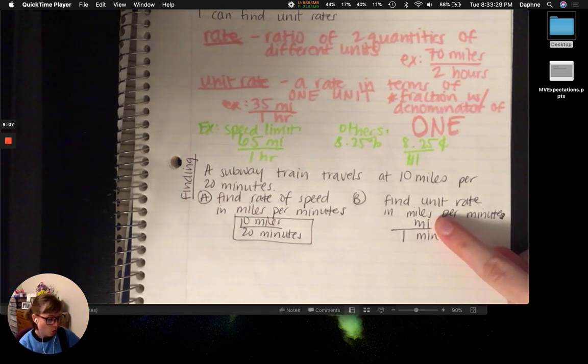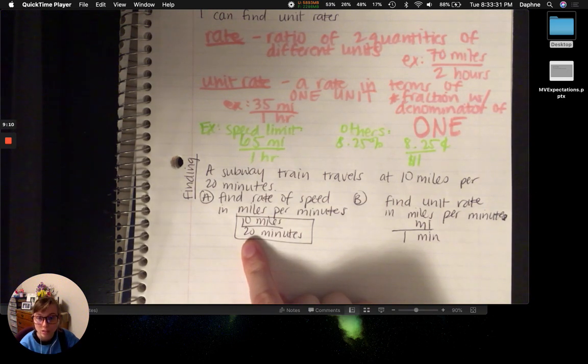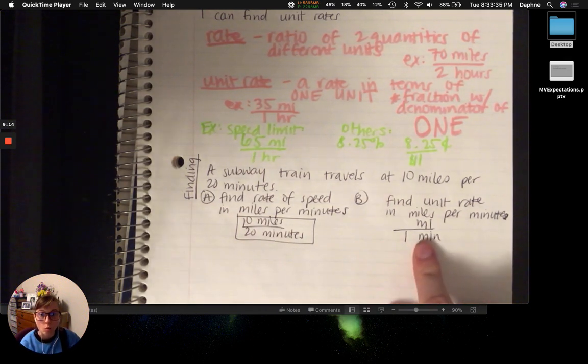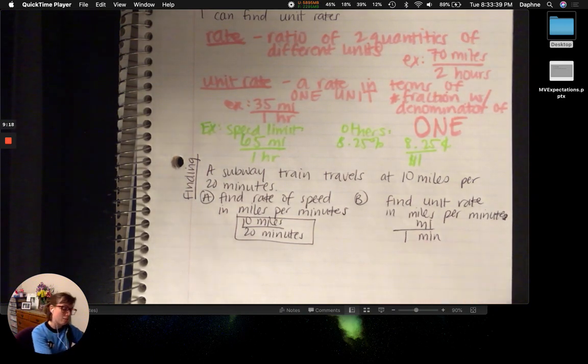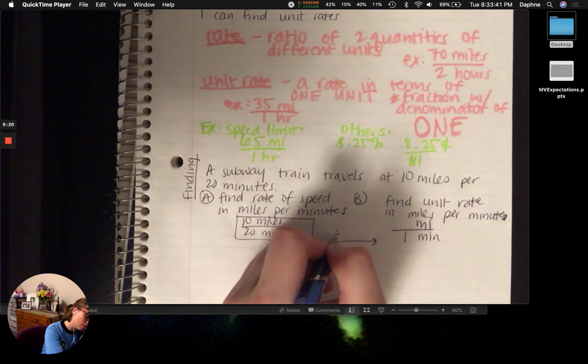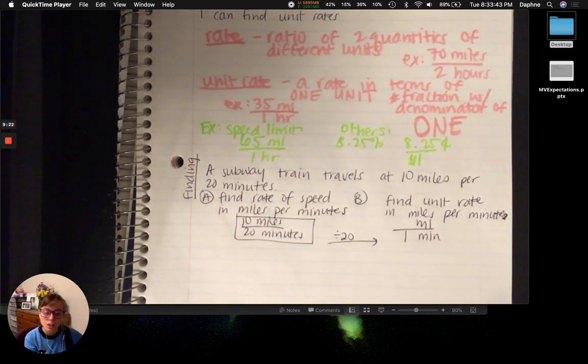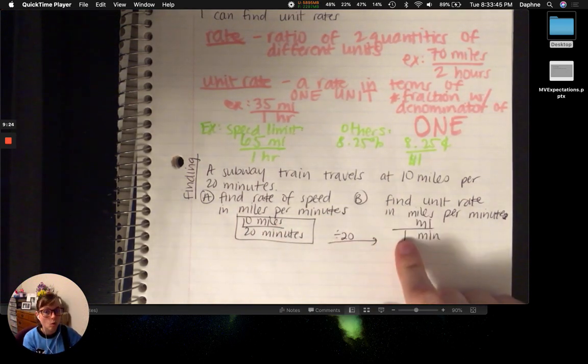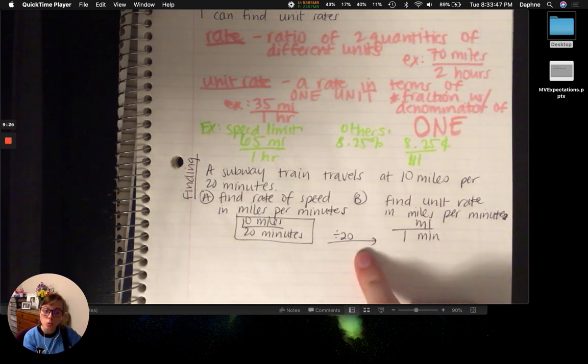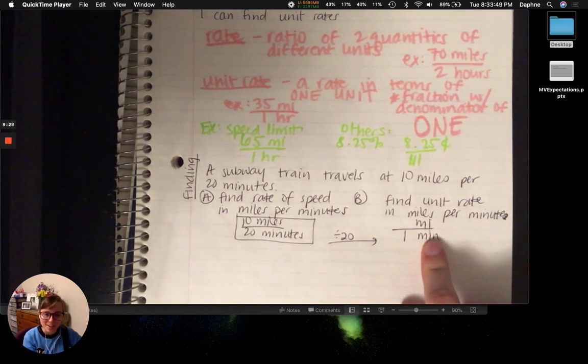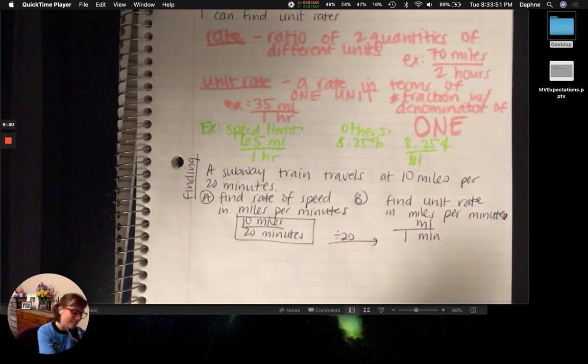Now, how do I go from 20 to a 1, multiplying or dividing? I'm actually going to be dividing by 20. All right, 20 divided by 20 is 1. Now, if I divide by 20 in the denominator, I have to also divide by 20 in the numerator.